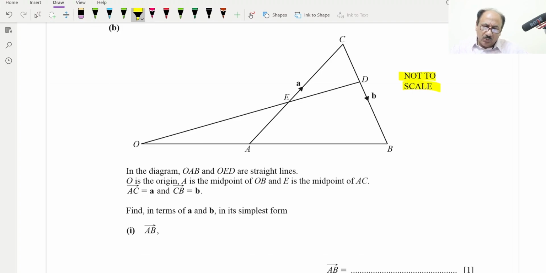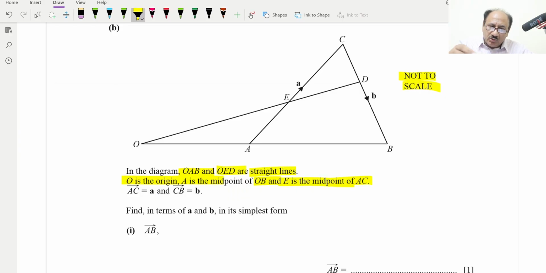In the diagram, OAB and OAD are straight lines. O is the origin, A is the midpoint of OB, and E is the midpoint of AC.